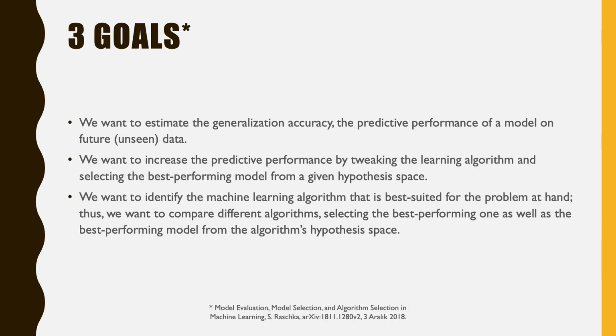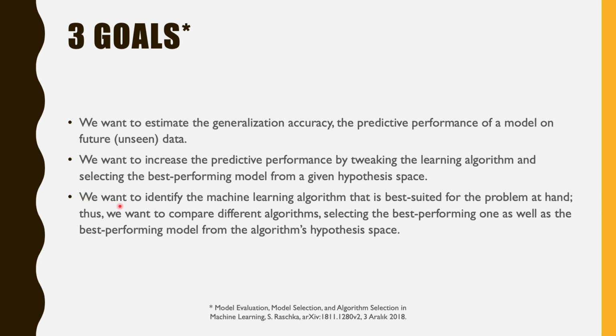Here are our three goals from that paper. We want to estimate the generalization accuracy, the predictive performance of a model on unseen data, okay? And we want to increase the predictive performance by tweaking the learning algorithm and selecting the best performing model from a given hypothesis space.